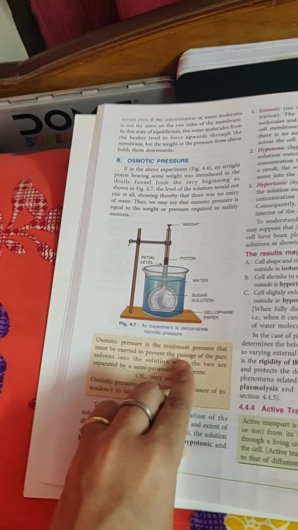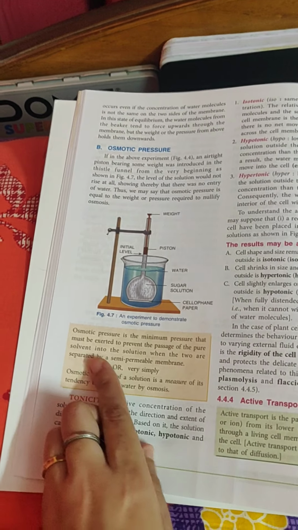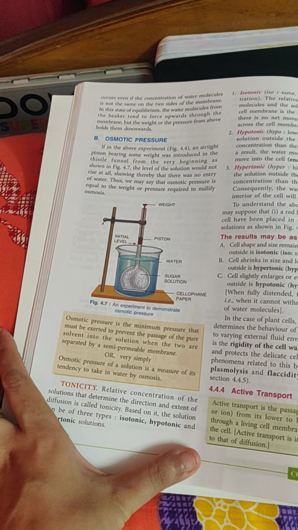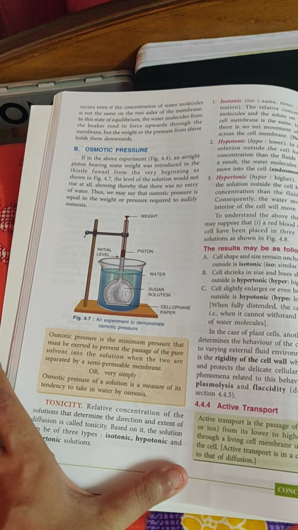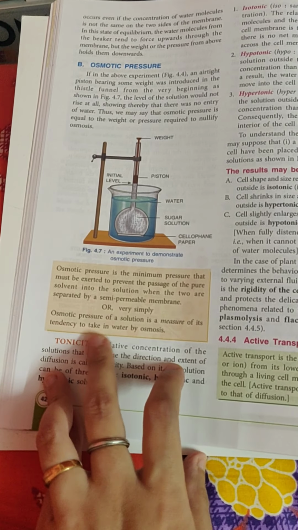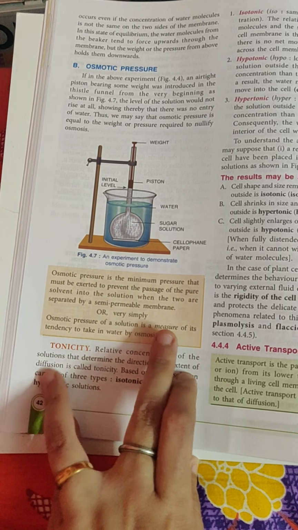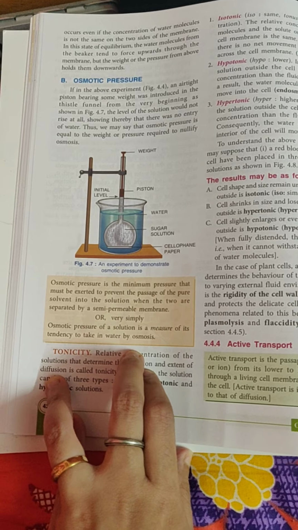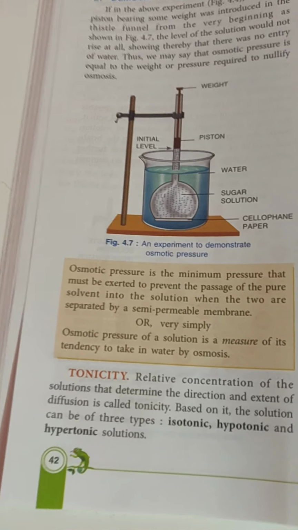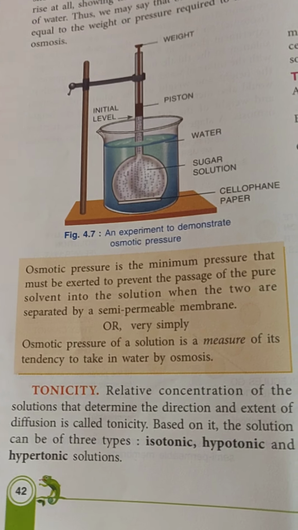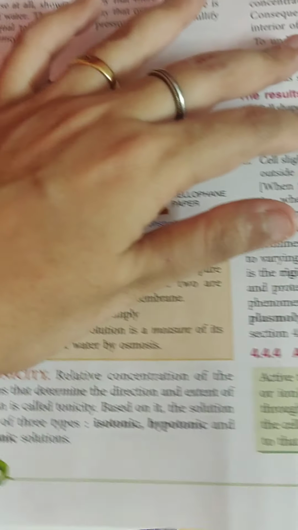So the minimum pressure that must be exerted to prevent the passage of the pure solvent is osmotic pressure. Or if you want to say it simply, the osmotic pressure of a solution is a measure of its tendency to take in water by osmosis.